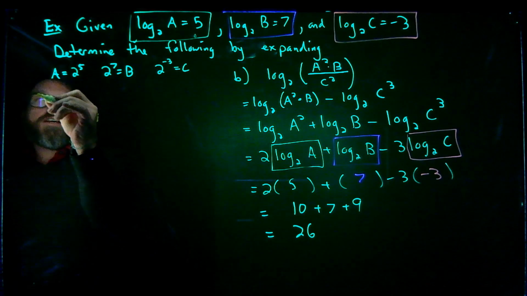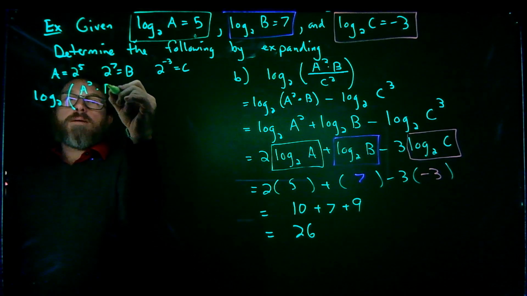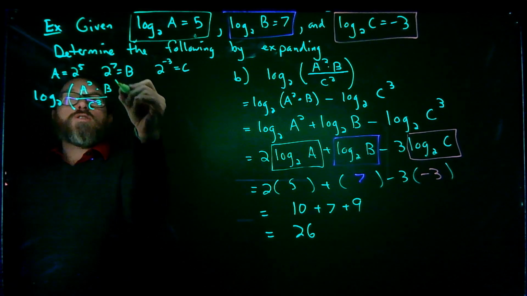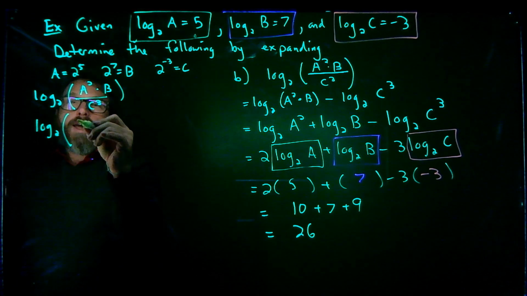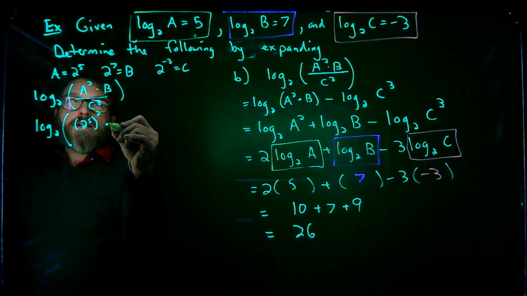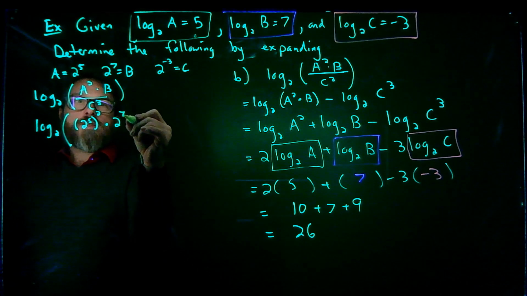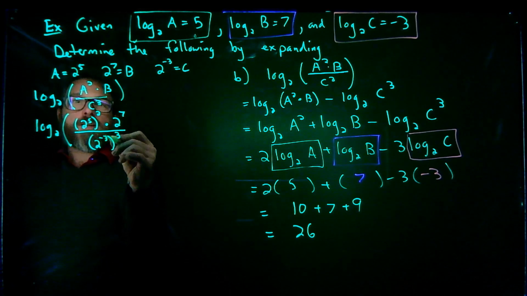So when I have this log base 2 of a squared times b over c cubed, this is going to be the log base 2 of, well, a is 2 to the 5th, that thing's being squared, times b, which is 2 to the 7th, all over c cubed, which is 2 to the minus 3, cubed.